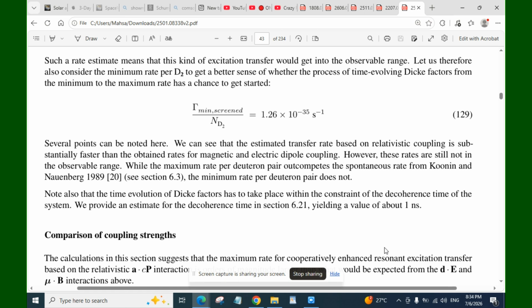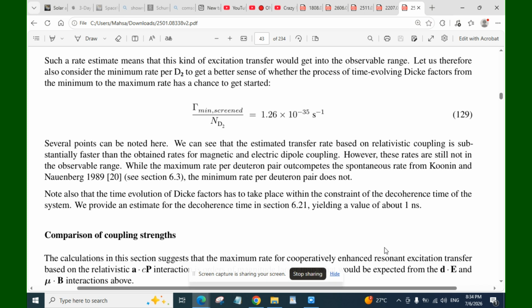We can see that the estimated transfer rate based on the relativistic coupling is substantially faster than the optimum rates for magnetic and electric dipole coupling. However, these rates are still not in the observable range, while the maximum rate per deuterium pair outcompetes the spontaneous rate from Koenig and Nuremberg 1989 based on reference 20.